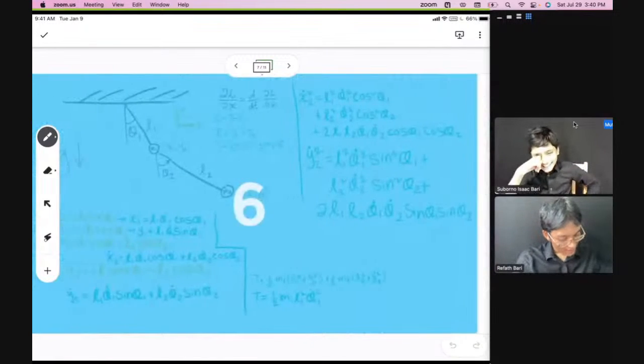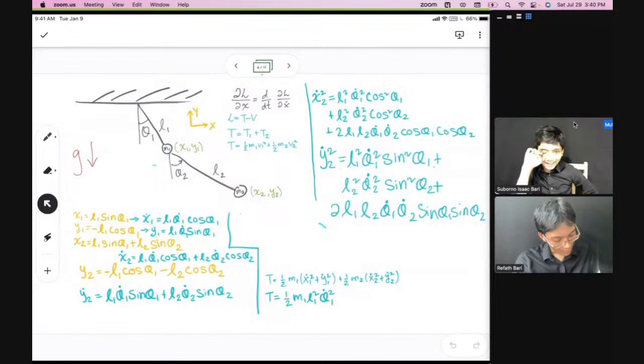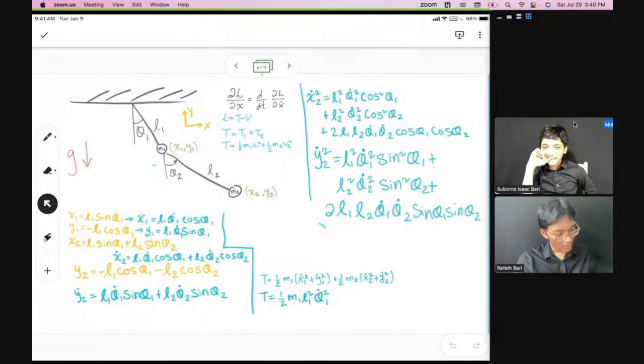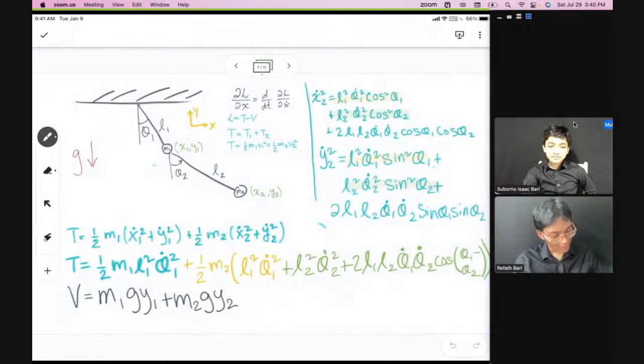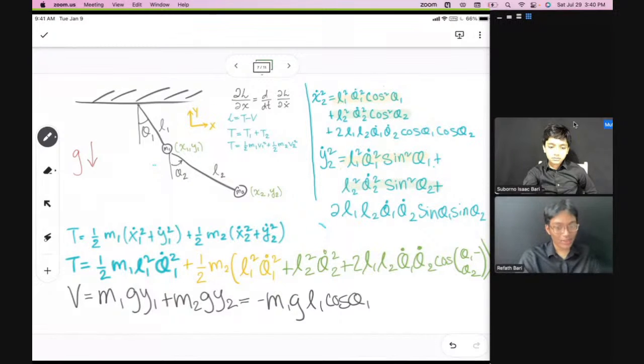Let's take a look at what our x1 and y1 and y2 were. So y1 is minus L1 cosine theta 1. So let's write that down. y1 is minus m1 g L1 cosine theta 1. And what about y2? Can you tell us what I should write for that?